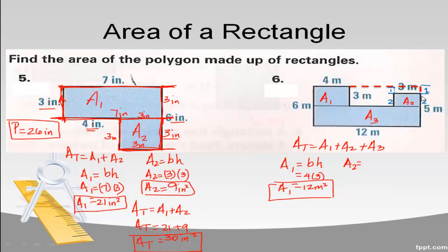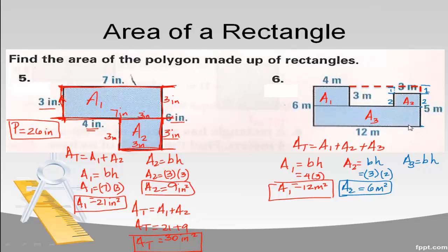Okay? So area 2 is going to be base times height. The base is 3, and the height we just found to be 2. So area 2 is 6 squared meters. Now let's do area 3. Area 3, base times height. I have the base, which is 12. I do not have the height, which is from here to here.